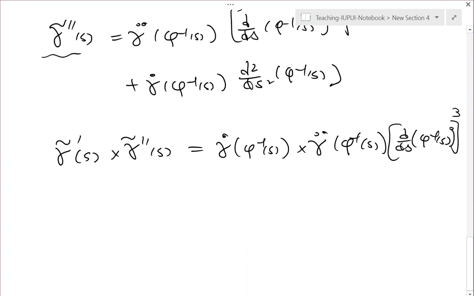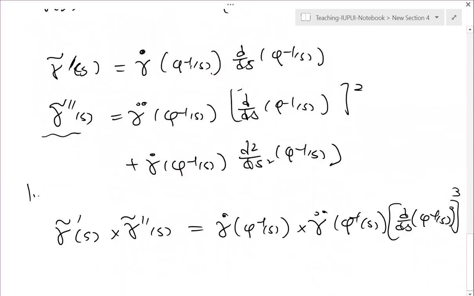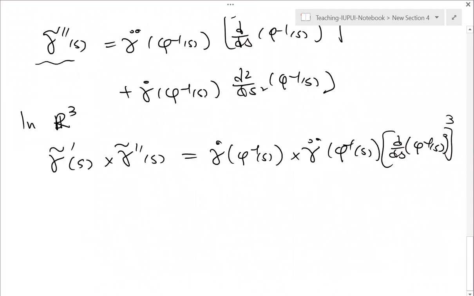Now it turns out this is in 3-dimensional space. At the very beginning, we assumed that in 3-dimensional space you can talk about the cross product, otherwise you cannot.